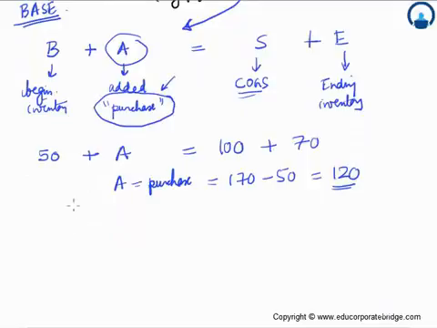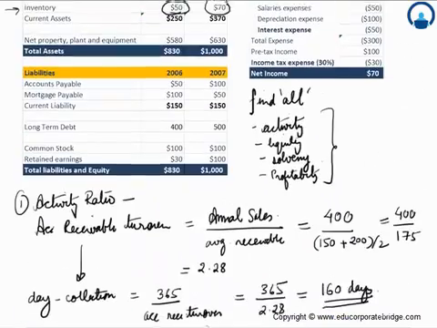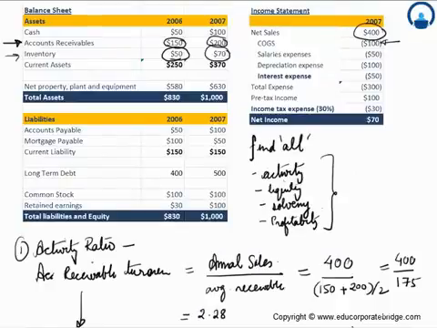Now let's move forward and look at how this can be used for calculating the payables turnover. Payables turnover is defined as purchases upon the average payables. So we have the purchases as 120. What is the average payables? The average payables will be here in the liabilities side and it is 50 and 100.